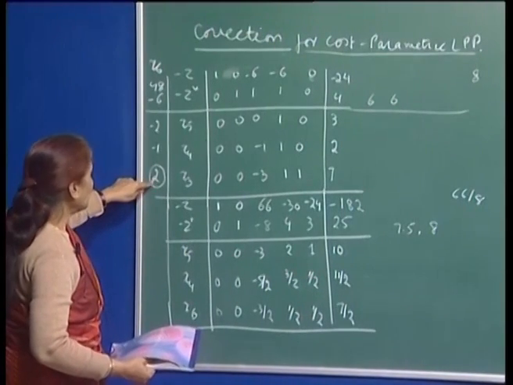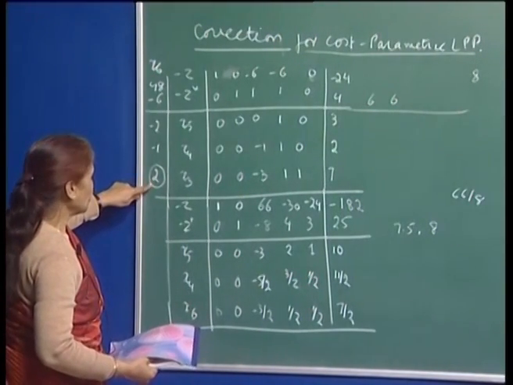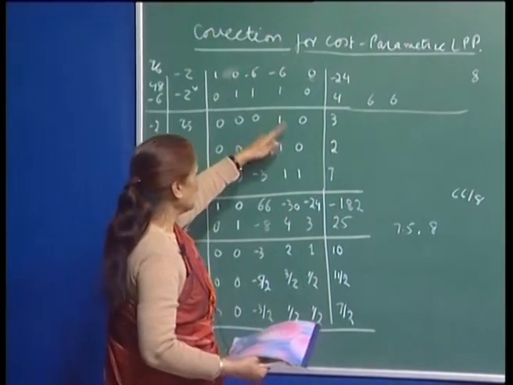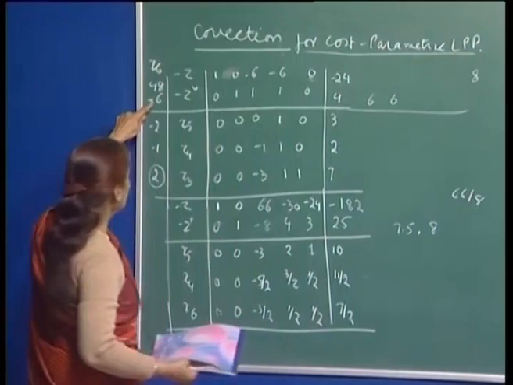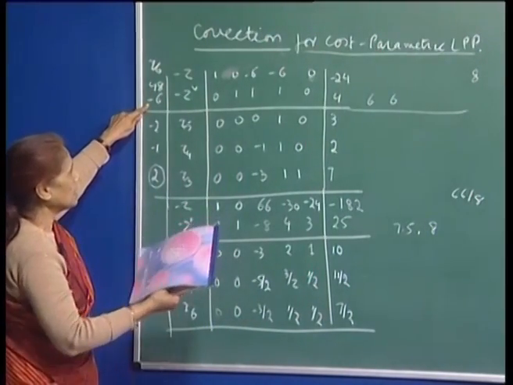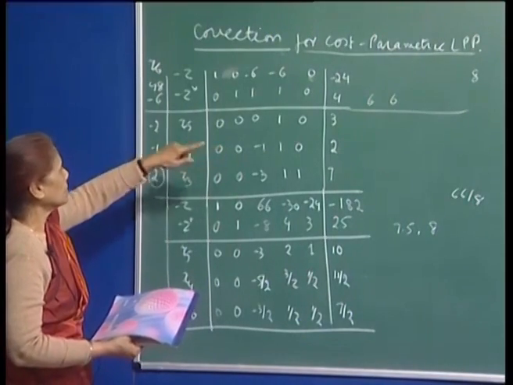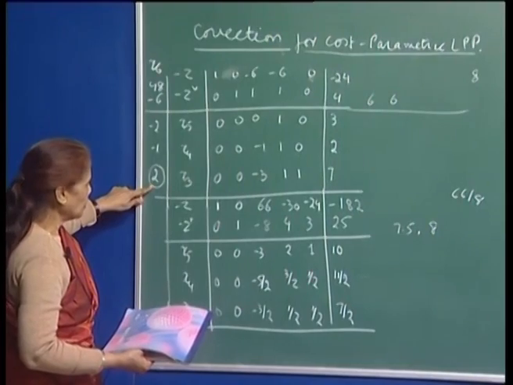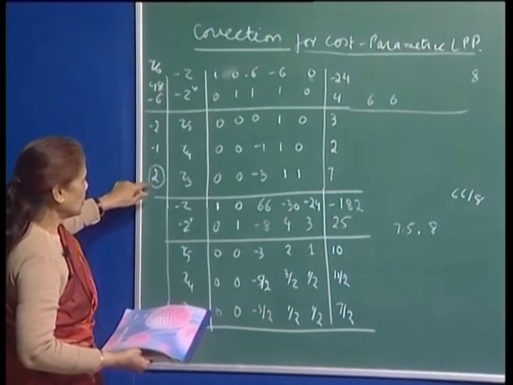So you are pivoting on 2. This is for your basic column. For x6 the upper ratio would be 8 and the lower ratio is 6 for the mu, and you are pivoting on this. When you pivot on 2, you will be dividing by 2.